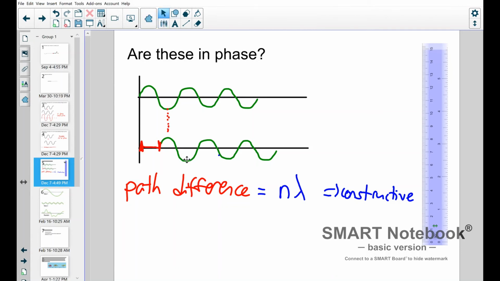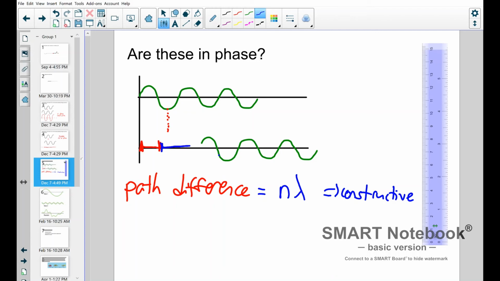I can take my wave and slide it to the next position where I will be half a cycle out of phase to there. I have my original half wavelength here, and then I have another full wavelength to get to the next point in my cycle. So what I need here is an odd number of half wavelengths. I need to be 0.5 off, or 1.5, or 2.5 off.